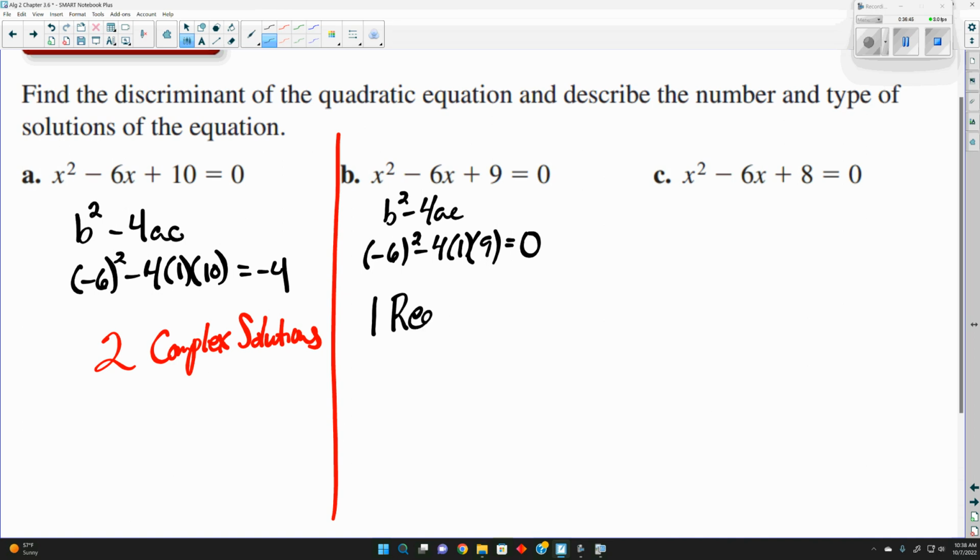One real solution. Well, it's really one unique real solution, because we still have 2, it's just that the solutions will be the same number.